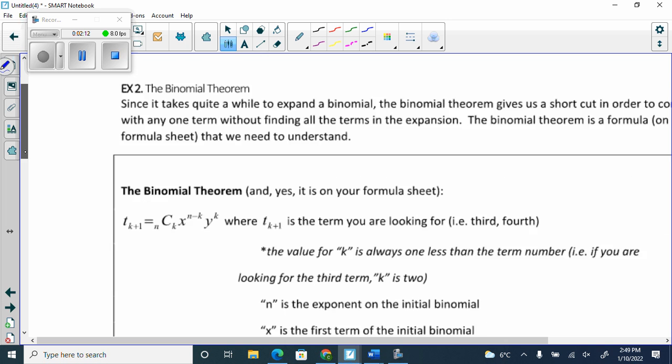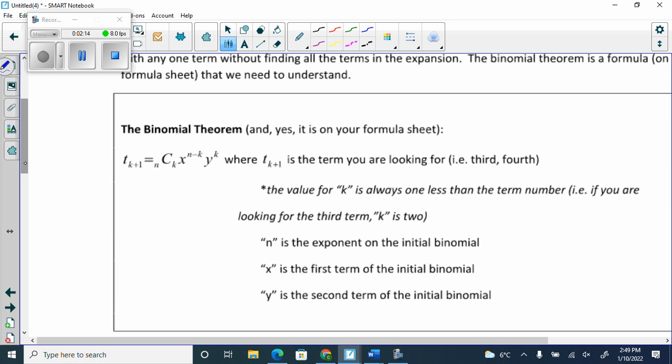The binomial theorem states that you can use this formula: T sub k plus 1 equals nCk, x to the n minus k, y to the k. Do you see that? So what you need to know is that T3 meant term 3, we did this in Math 20-1, when we did sequences and series. We agree? T4 meant term 4.